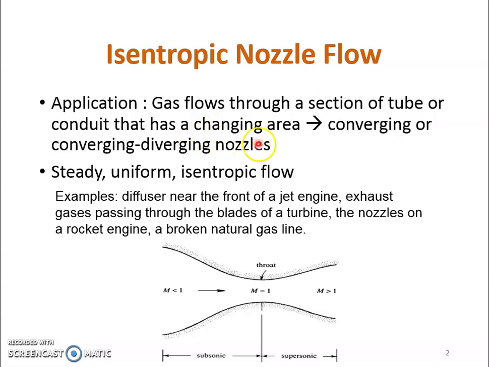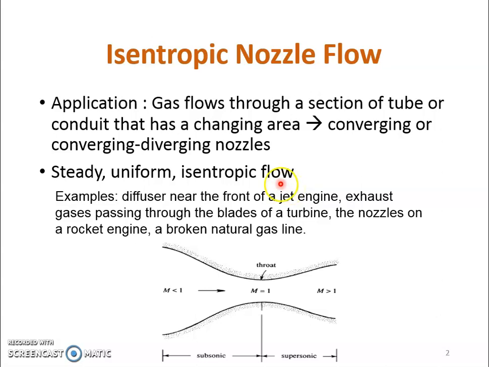It has a changing area, like I just mentioned, converging or converging-diverging. A good approximation for many flow situations is to assume that the flow is steady, uniform, and isentropic.